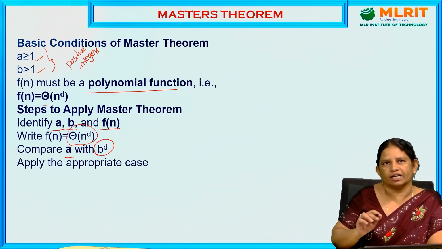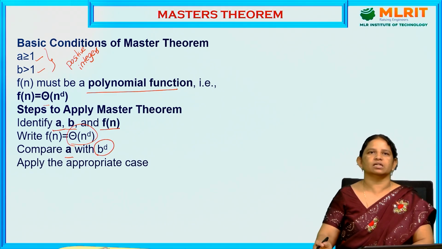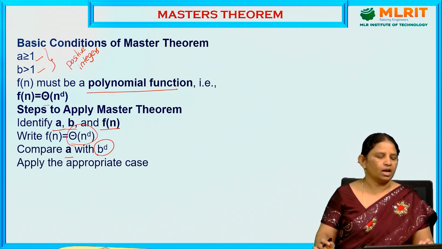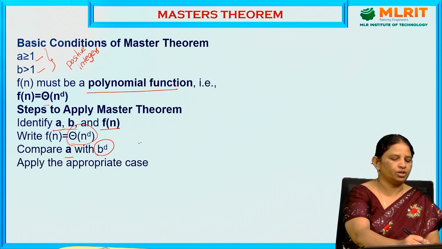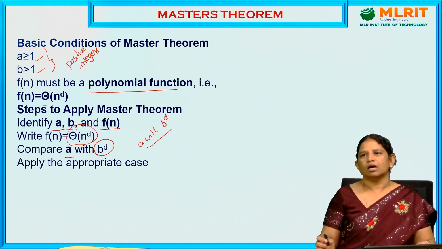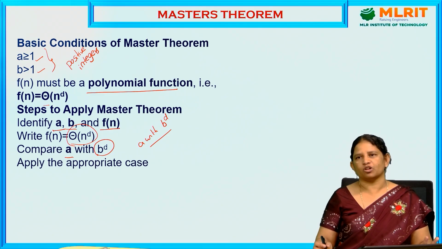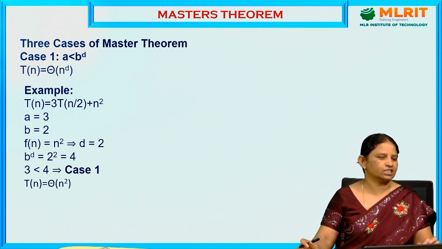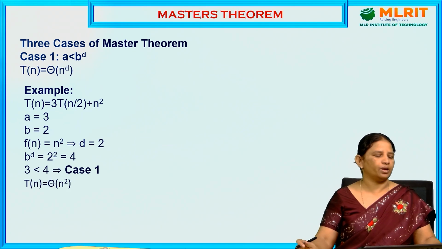So, what are the conditions? Find the value of a, the value of b, and compare a with b power d. Based on that, we apply the appropriate case of Master's theorem. There are three cases. Case 1: a less than b power d.